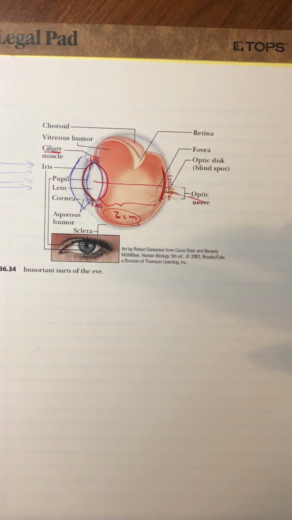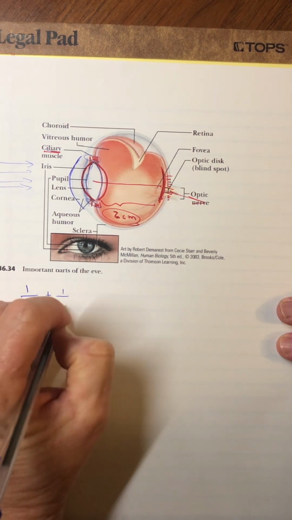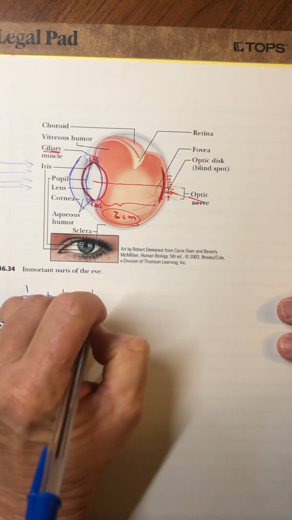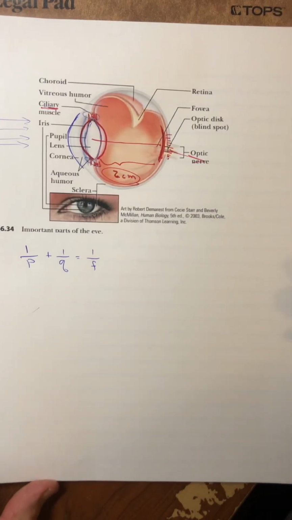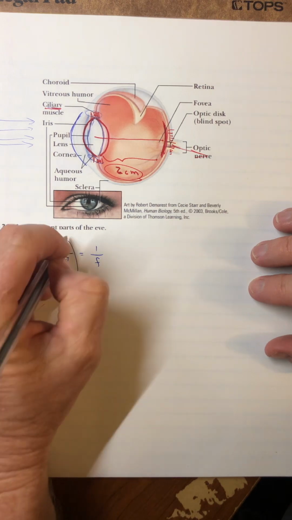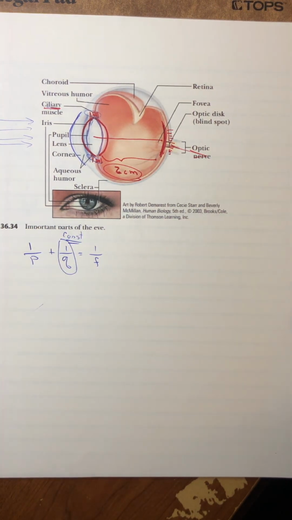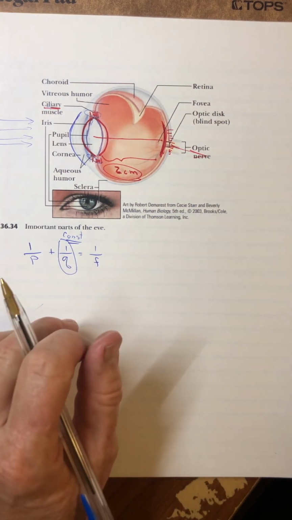But this is what I'm getting at. If I write this equation again, 1/P + 1/Q = 1/F, an important difference is that the image distance, Q, needs to remain constant, not the focal length.